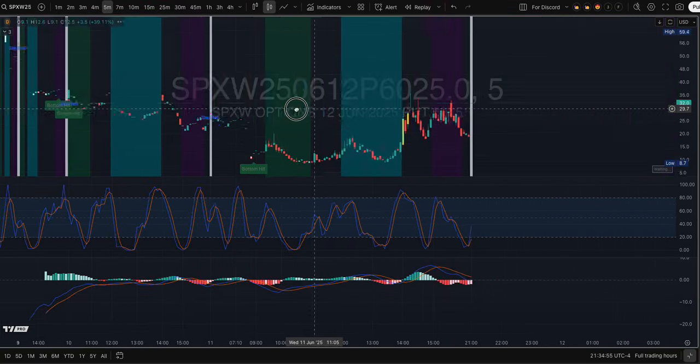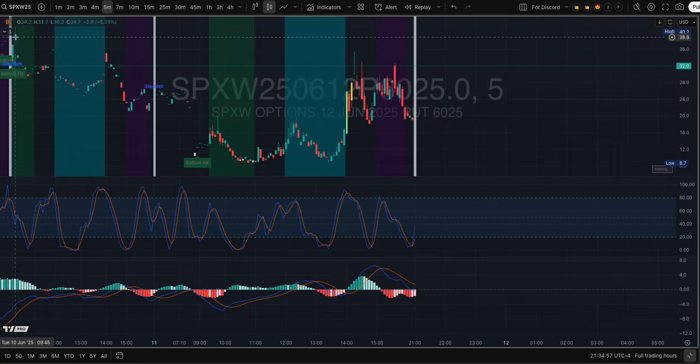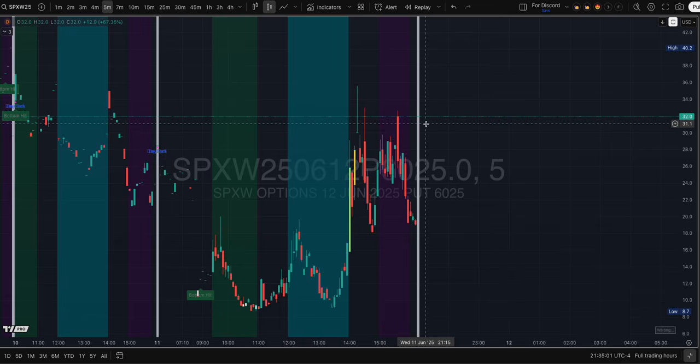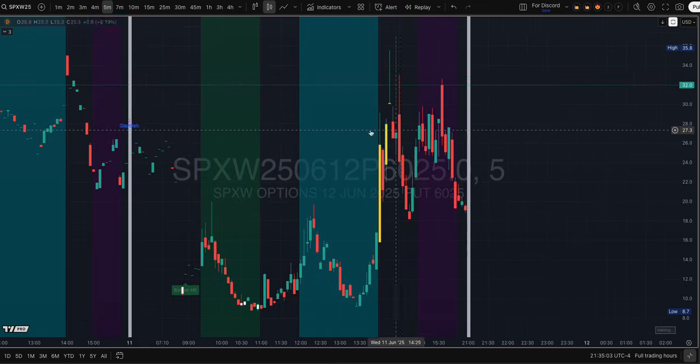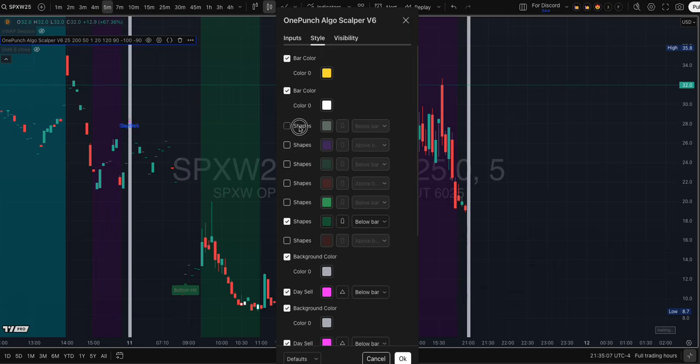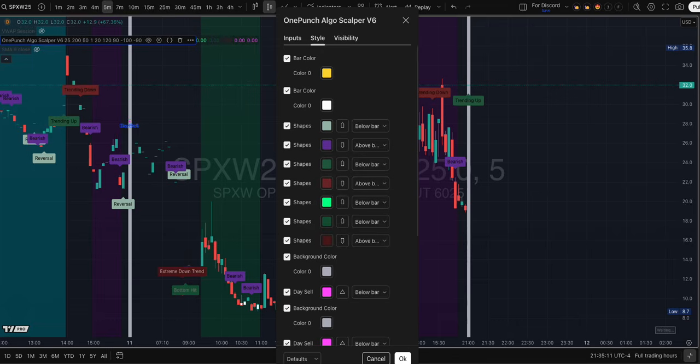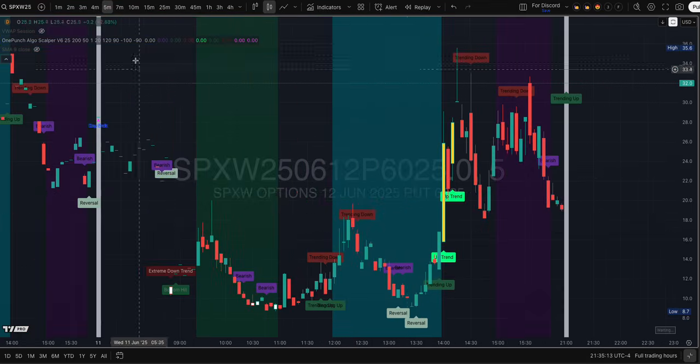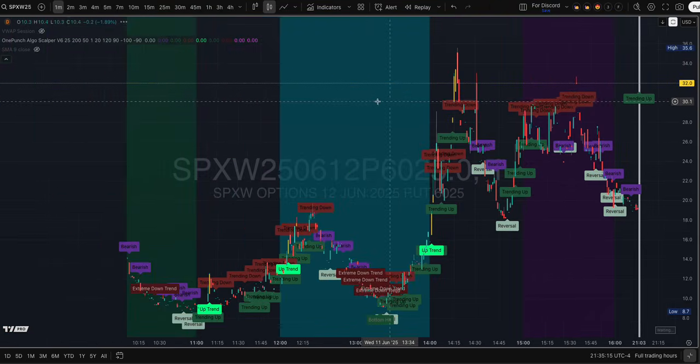I'm not done yet. I want to show another cool thing on these options. This is the extra I'm giving today. On options, if you activate OnePunch Algo, all the signals will look like that.